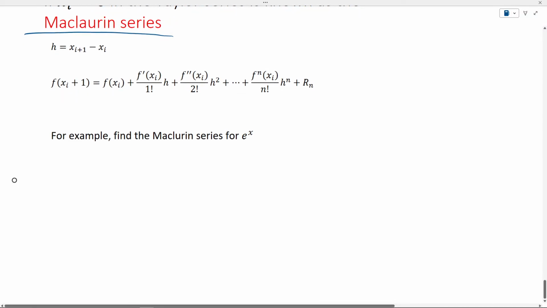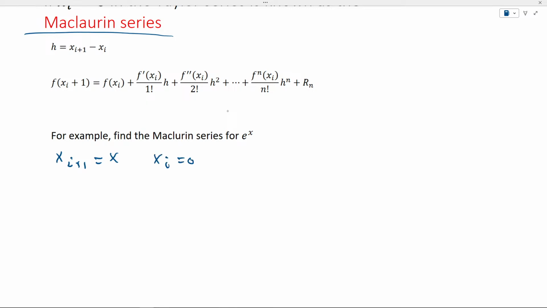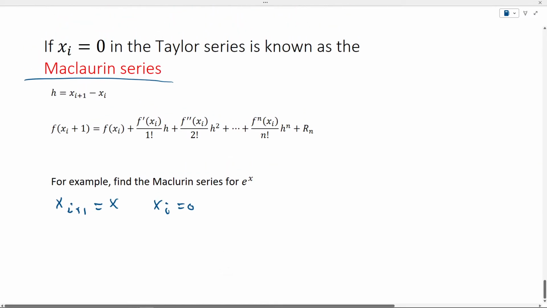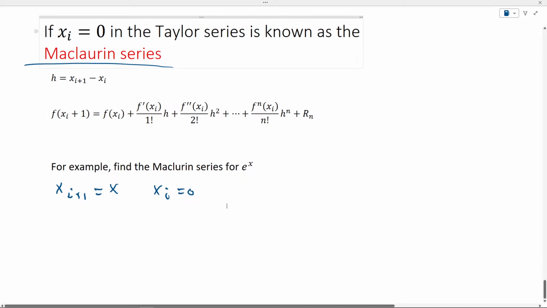For example, find the Maclaurin series of e^x. Here I can say my f of xi plus 1 is equal to x, any value. But my xi is equal to 0, because that's the definition of the Maclaurin series. So what will h be here? h will be equal to x.